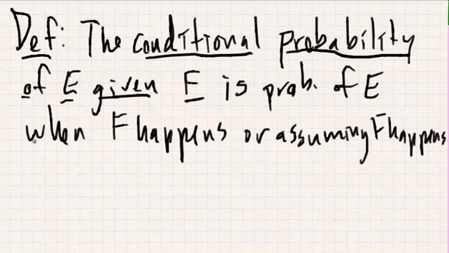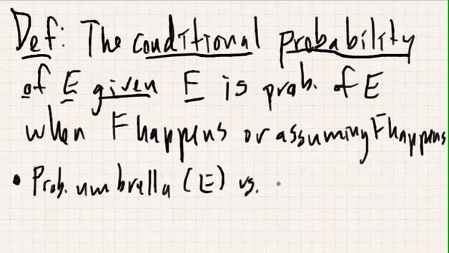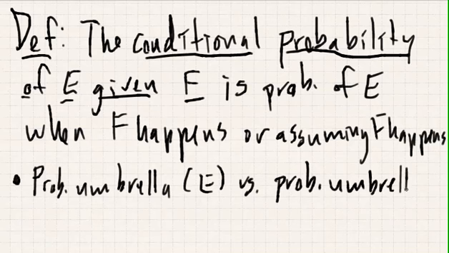So what exactly do I mean by when F happens, or assuming that F happens? Well, here's a scenario. It's a conditional probability with respect to F happening. I might consider the probability that I have my umbrella on me, which could be the event E, versus the probability that I have my umbrella on me when it's raining.